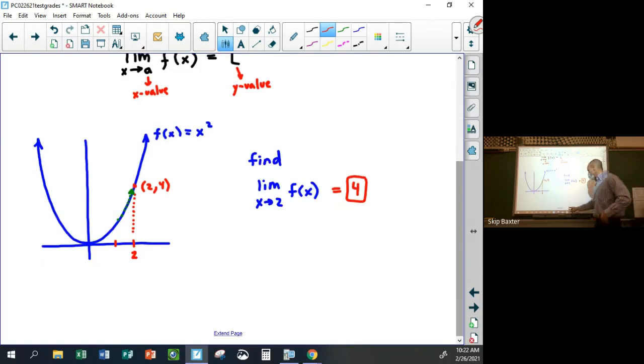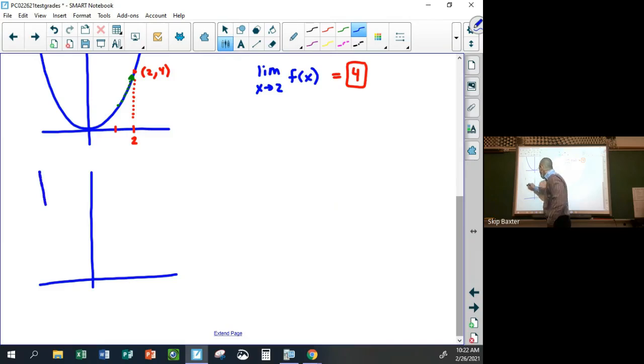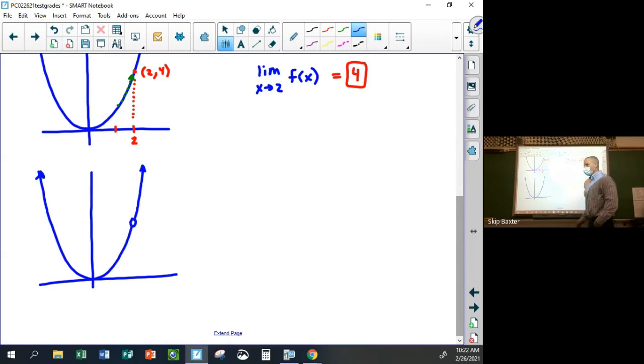Okay, so what if you had a function that instead of looking like that, looked just like that, except it's missing a single point? And that point happens to be right at the point 2, 4. Suppose this is the function g of x. Well, in this case, it's still true that the limit as x goes to 2 of g of x is equal to 4.